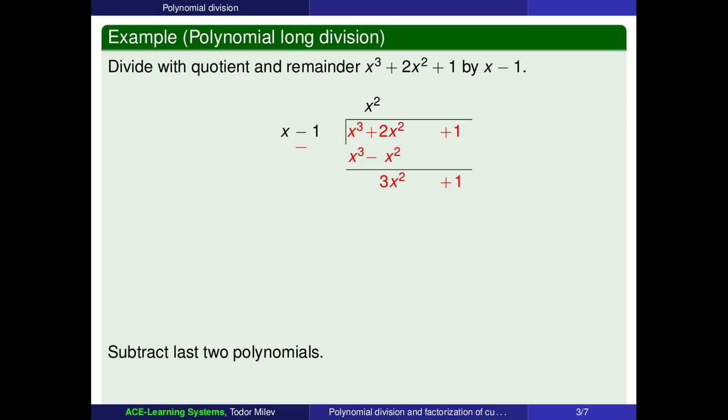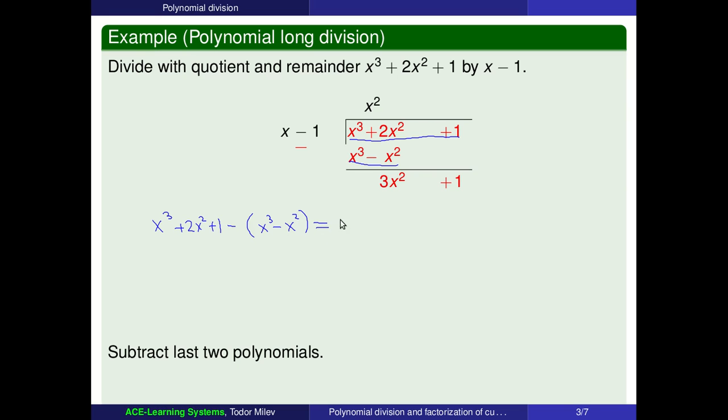Let's see why we get 3x squared plus 1. I just want to make sure that we are all on the same page. When I subtract this polynomial from the dividend, what do I get? I have the polynomial x cubed plus 2x squared plus 1, and from that I'm subtracting the polynomial x cubed minus x squared. Since I'm subtracting two polynomials, the second polynomial must have parentheses around it.